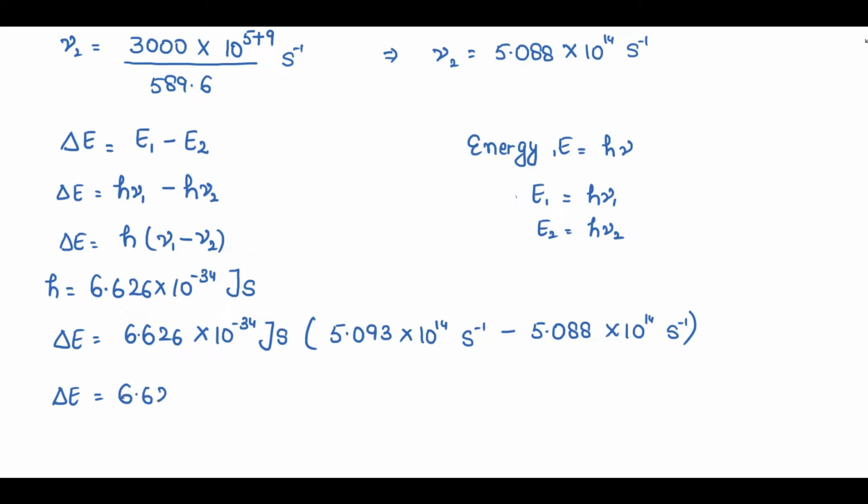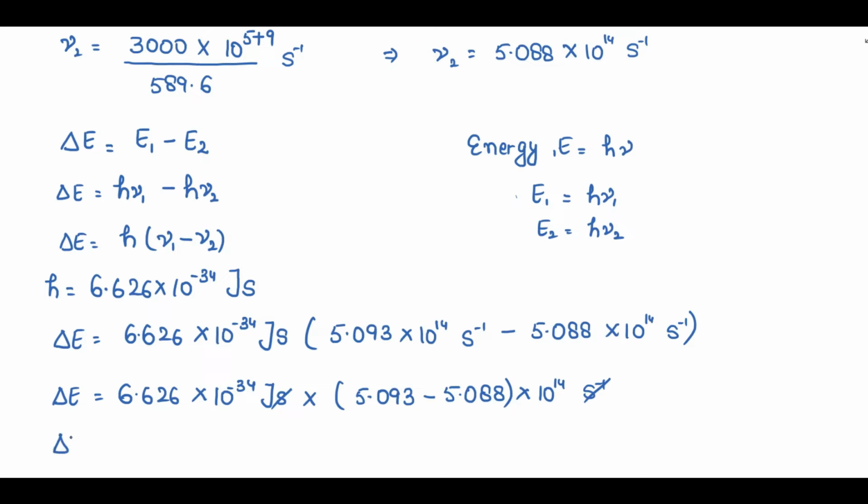So I'll mention Planck's constant 6.626 into 10 raised to power minus 34 joules second into, now, 5.093 minus 5.088, and I'll take 10 raised to power 14 common with units. So units are second inverse. I'll cancel this second inverse with this second, right?